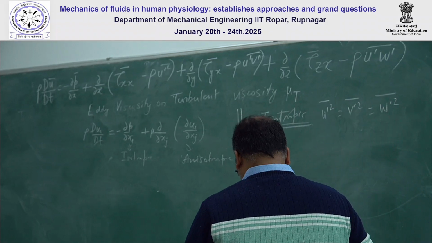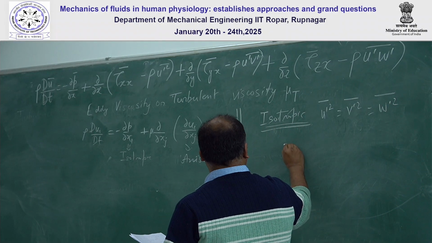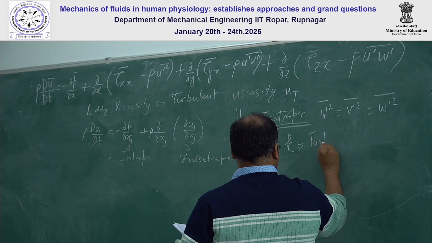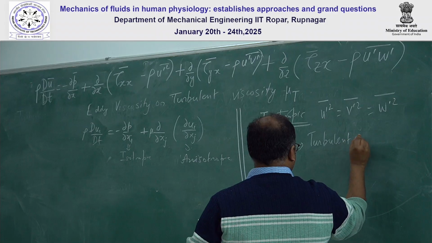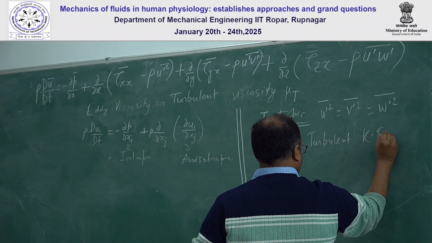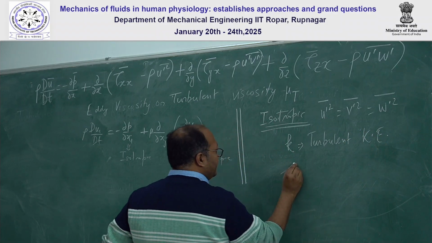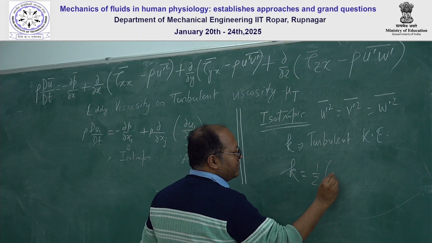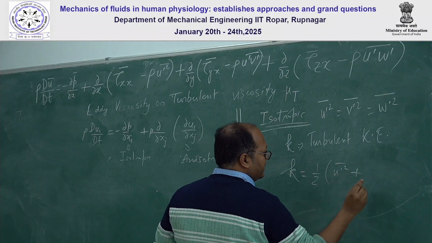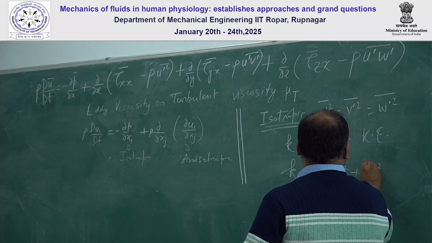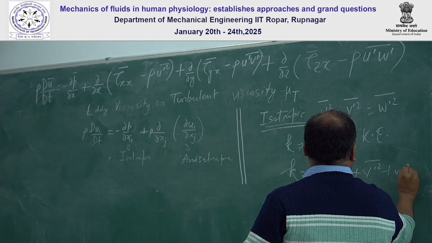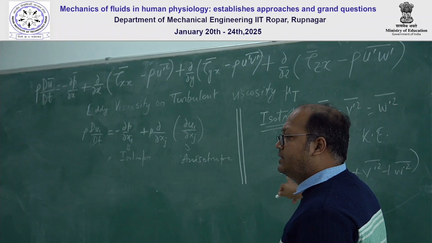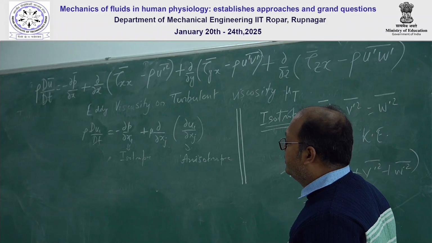Okay. So now many times we write the small k. Small k is the turbulent kinetic energy. So this k is defined as, let's say, half into u dash square plus v dash square plus w dash square. When it is isotropic, we can write all these components are equal to each other.